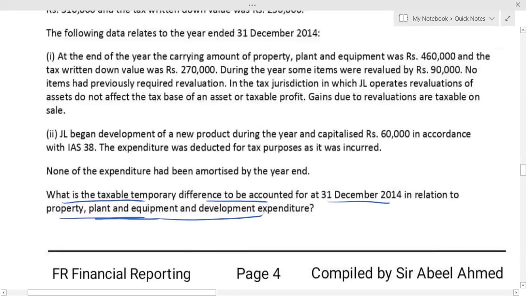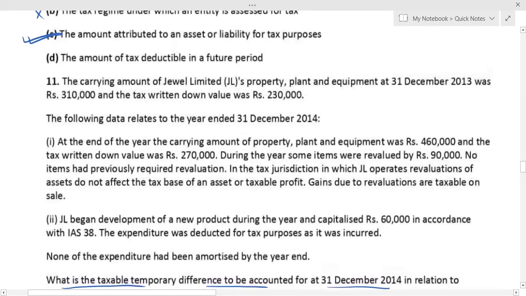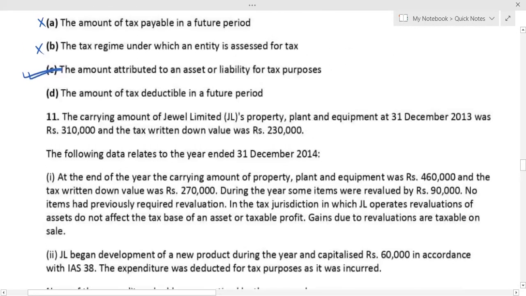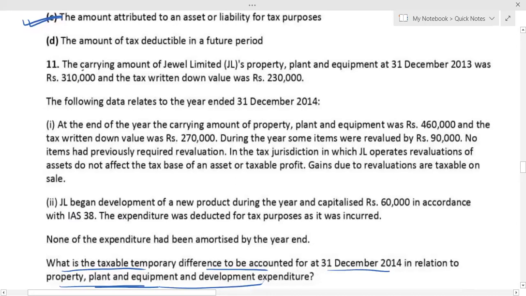We need to find out the taxable temporary difference coming from property, plant and equipment and development expenditure. The carrying amount of Jules Limited's property, plant and equipment in December 2013 was 3,10,000 and the tax written down value is 2,30,000.